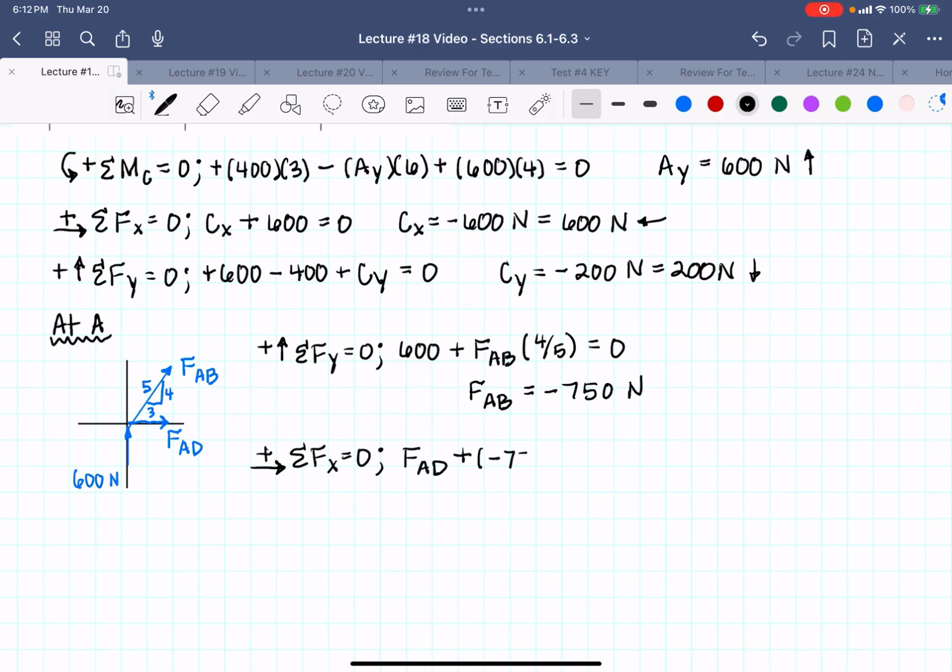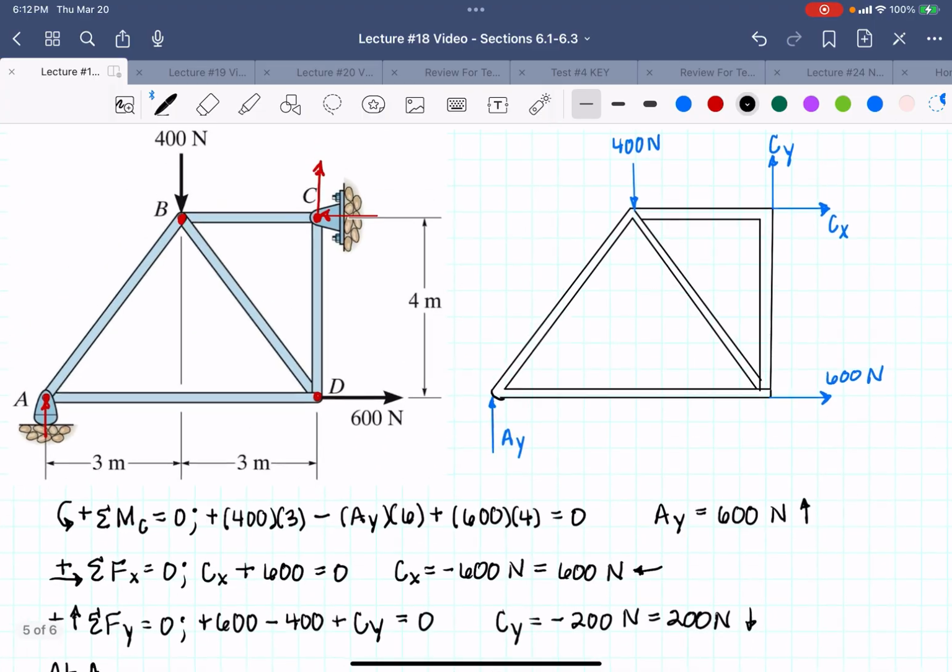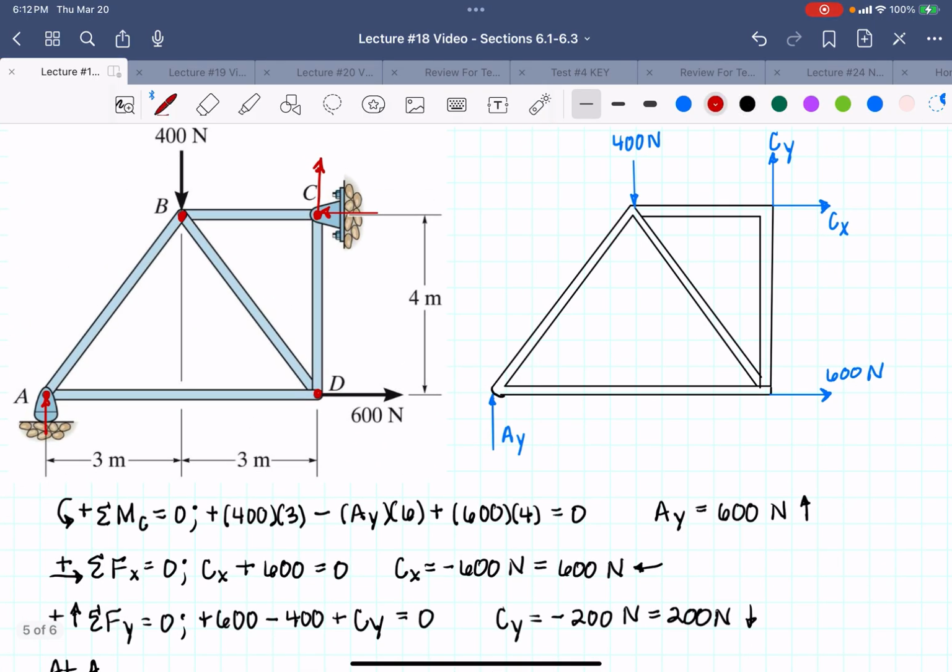So I'm going to put plus the negative 750, and its X component is 3 over 5 equals 0, which means when I solve for FAD, it is going to be positive, so it is in tension, and it is 450 newtons. All right, so I've solved for 2. So we can check off that we have gotten FAB, check, and FAD, check.